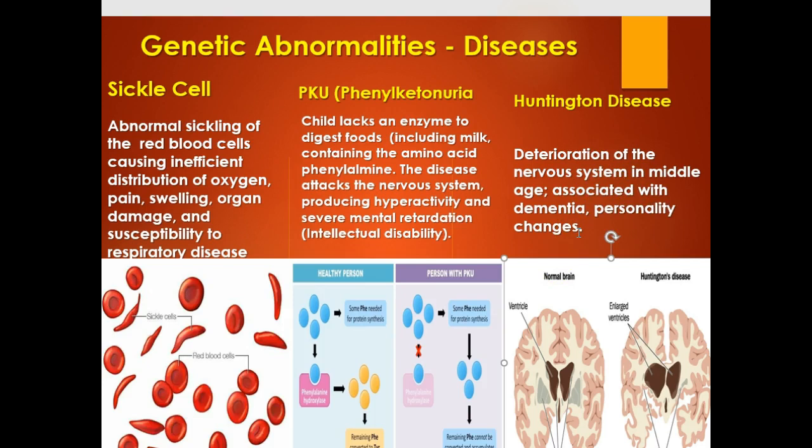So people who you may hear say they have early dementia, maybe they had Huntington's disease and were diagnosed at an early age. And Huntington's disease is irreversible. All of these diseases are irreversible and can really be very harmful to the individual.